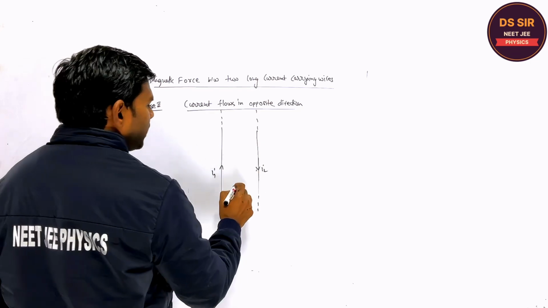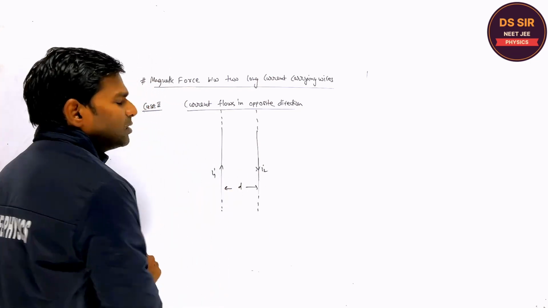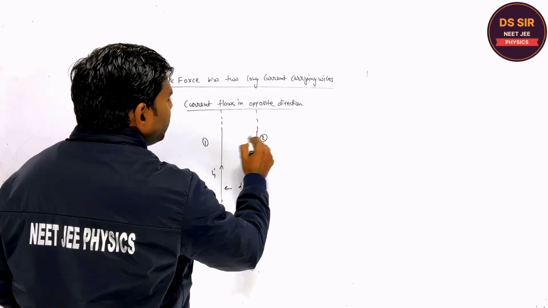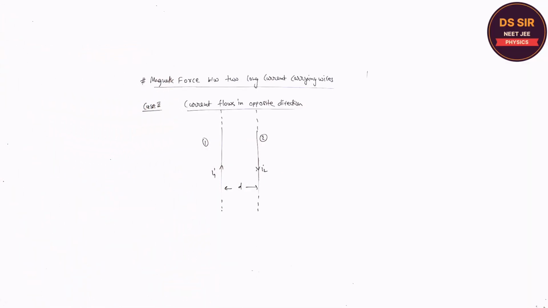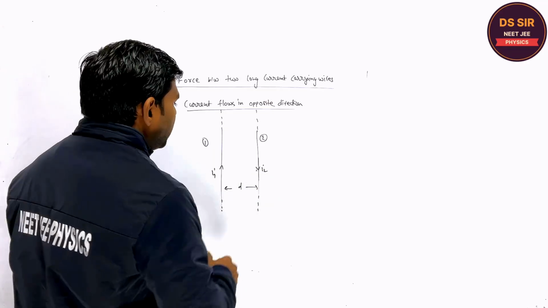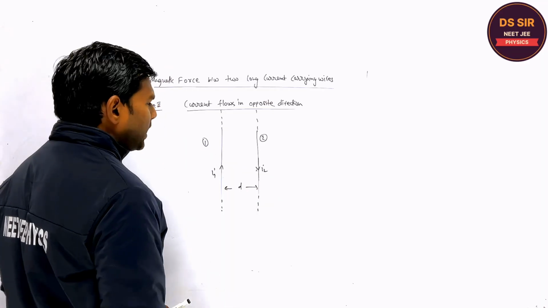It is I1, it is I2, and the separation between them is D. So this is I1 and I2, and the current is in opposite direction.